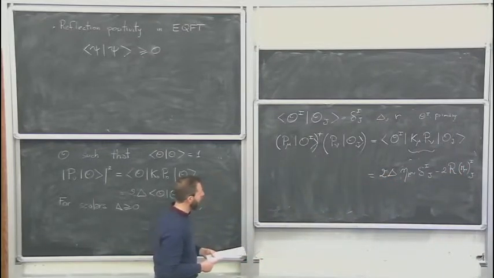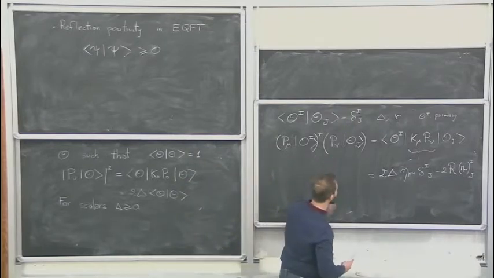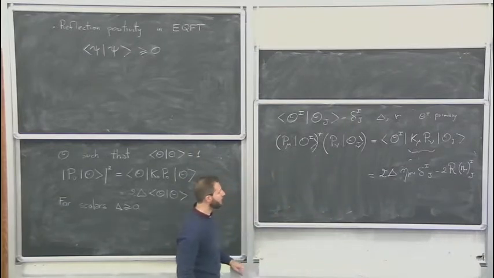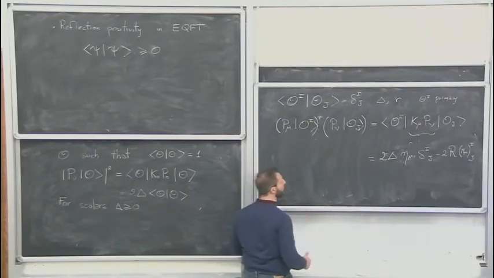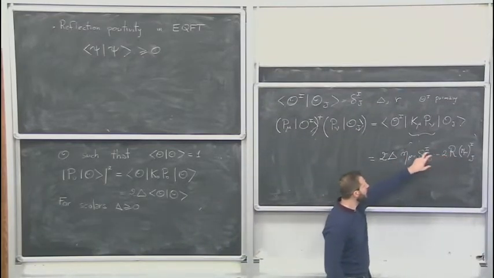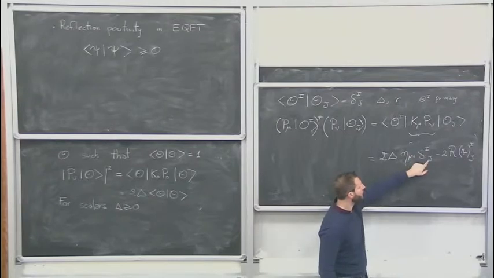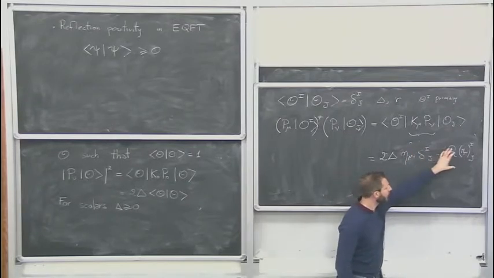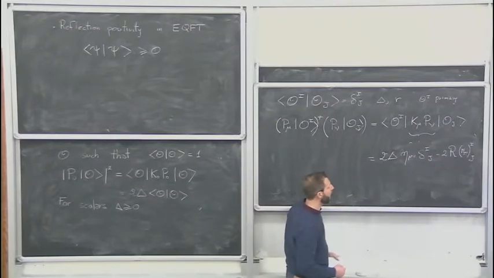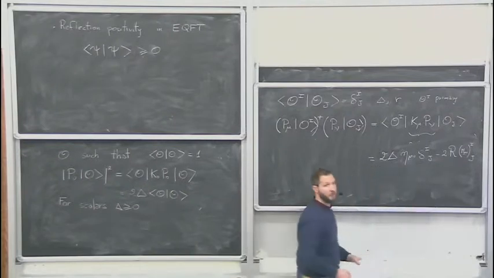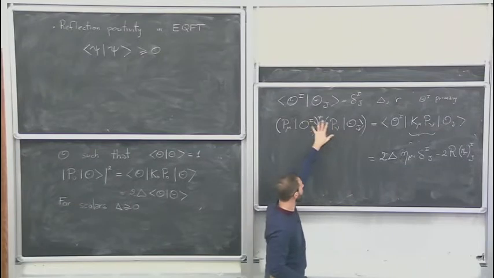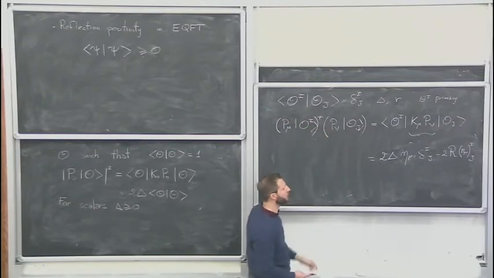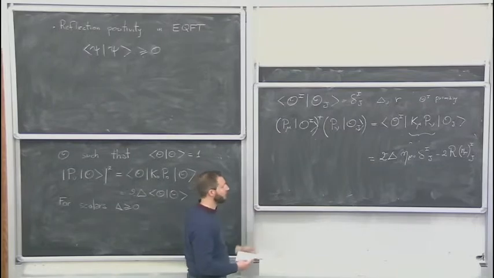Okay, and then you would like this object here to have positive norm, which means that this matrix in the ij space has to be semi-definite positive in order for this matrix product to be positive.